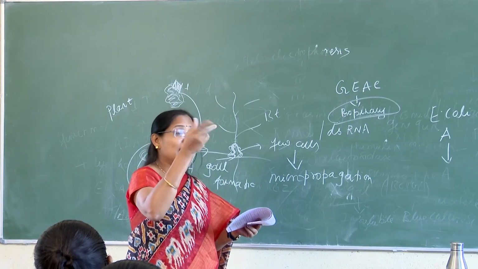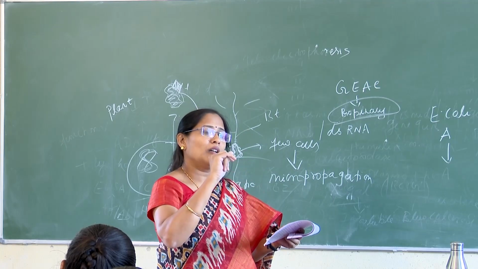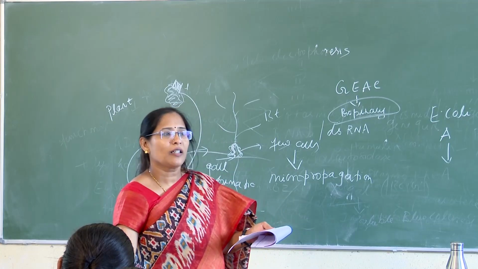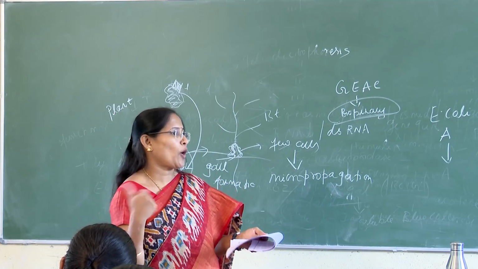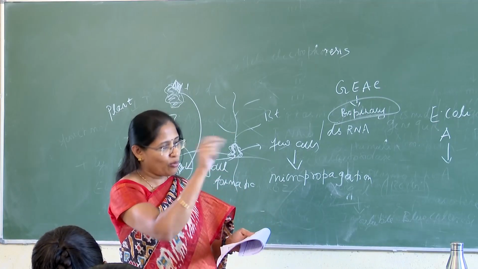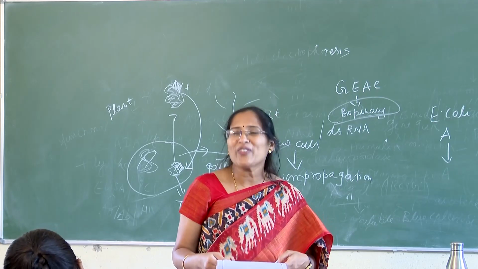Then the fertilizers started to cause harmful effects. At the same time, the rate at which the population is growing, they were not able to manage the production. Then they shifted to rDNA technology. This is the story, right? Now read the options and tell the correct answer. All of these.